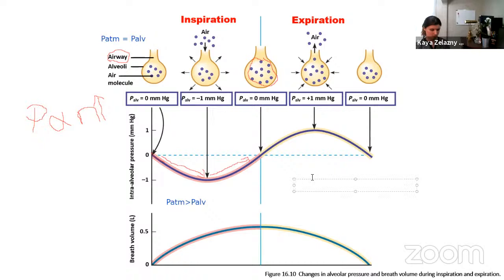So we're going to need to go to a situation where breath moves towards the atmosphere. So in order to get from this relationship where atmospheric pressure is greater than alveolar pressure to one where it is less than alveolar pressure, we're going to need to pass through a moment, again, where they are equal to each other.